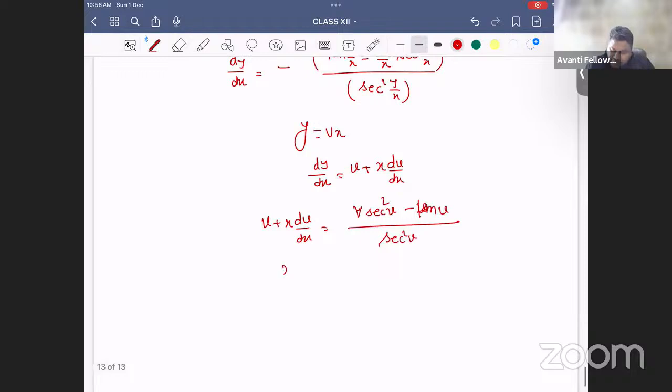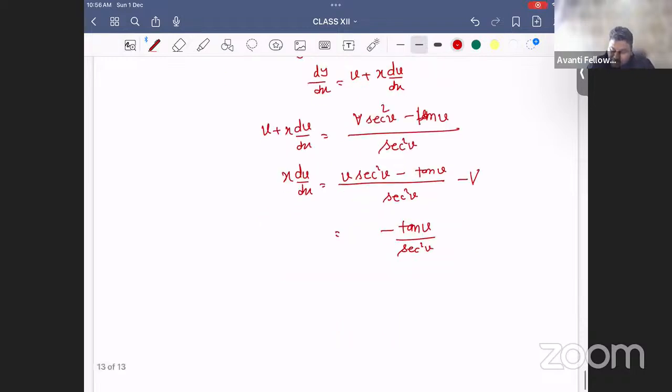So x dv by dx is v secant square v minus tan v upon secant square v minus v. If you take LCM, it is minus of tan v upon secant square v. So secant square v upon tan v dv is minus of dx upon x.